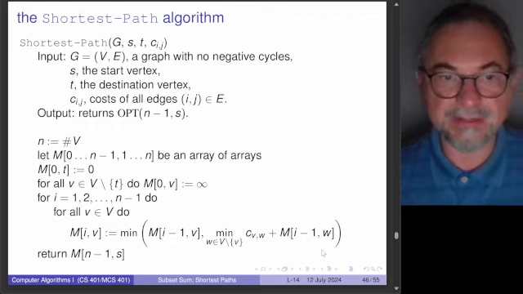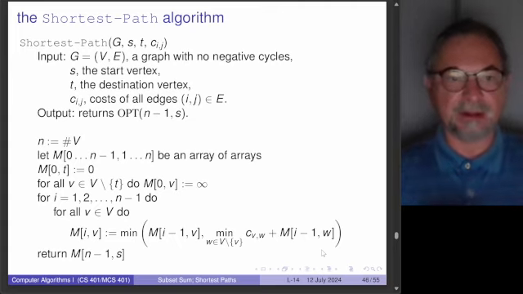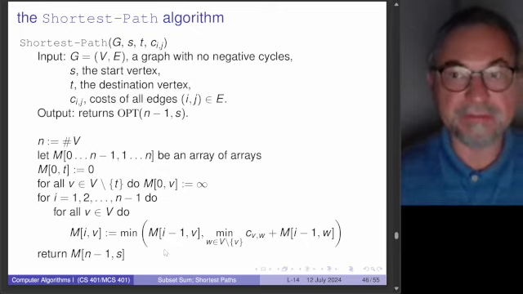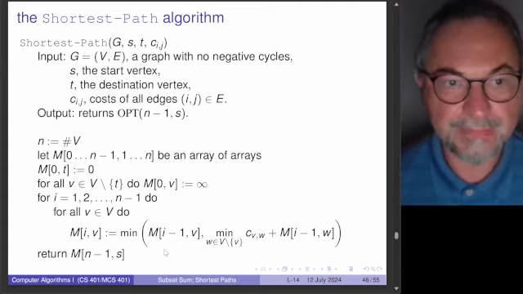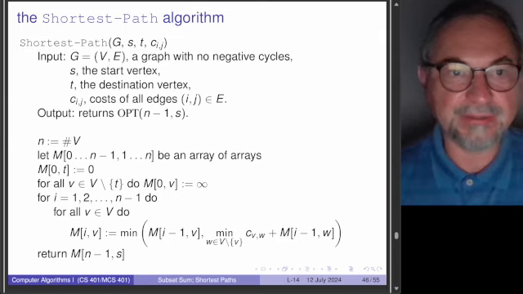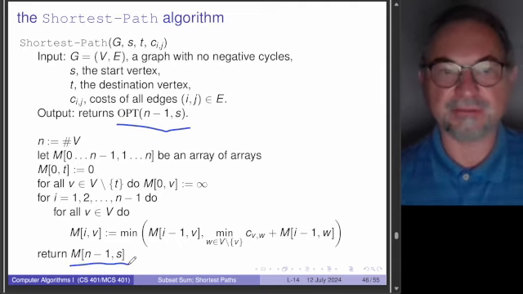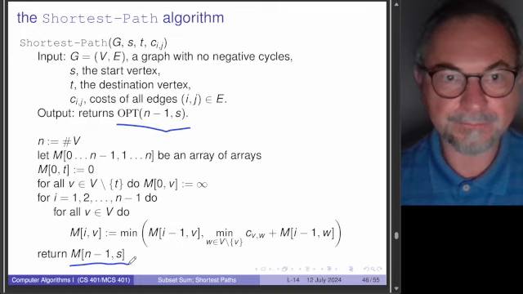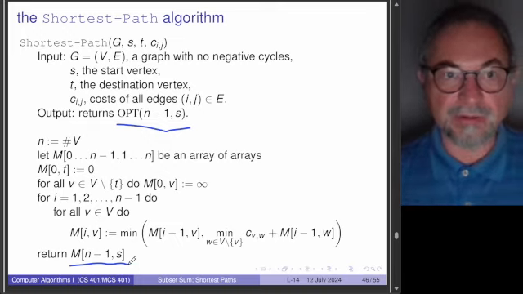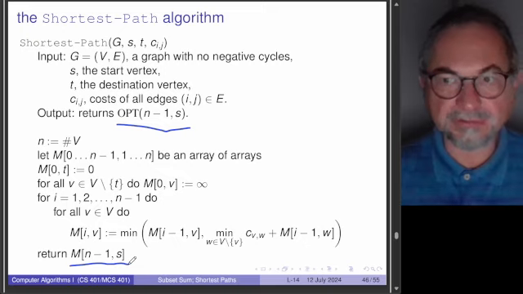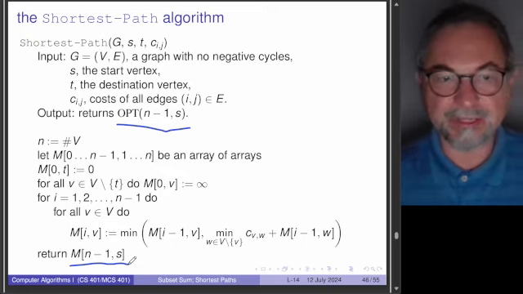So this recurrence reads that either your shortest path really has i edges, so that's the second case in this if, or it has one edge less. And the point is that we return the optimum value starting at the start vertex. So this will compute one shortest path from the start vertex to a destination vertex.